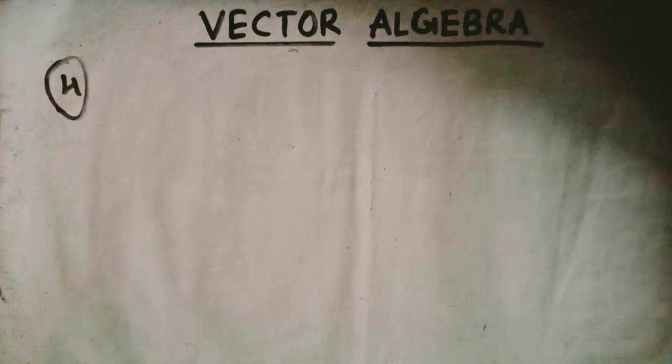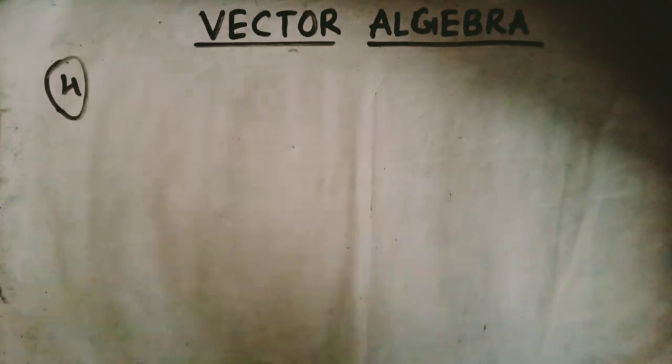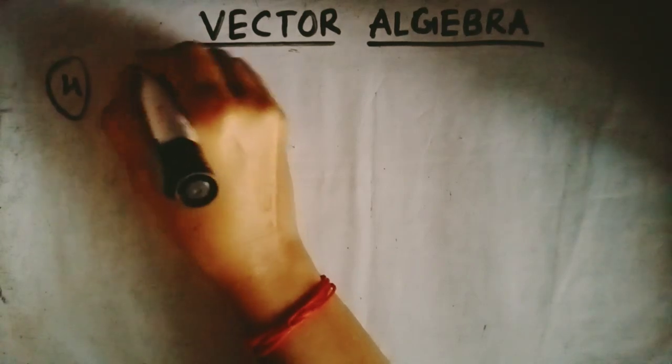Next question is find the unit vector in the direction of the sum of the vectors a and b. So sum of the vectors they have asked. So first you have to find the sum and then the unit vector along that sum. Okay, so first you write down the sum.